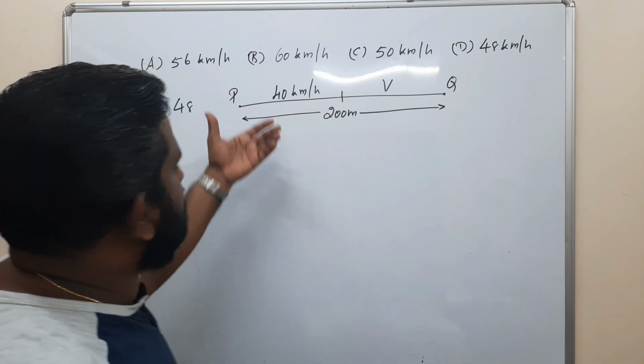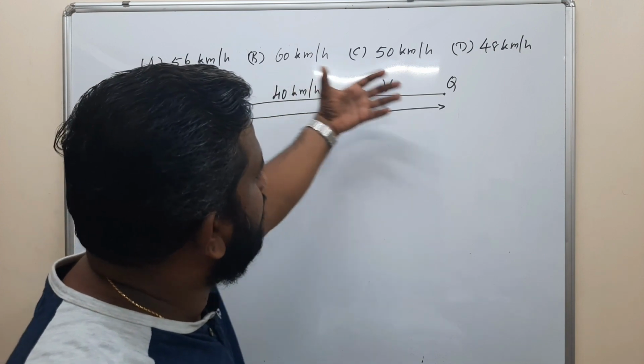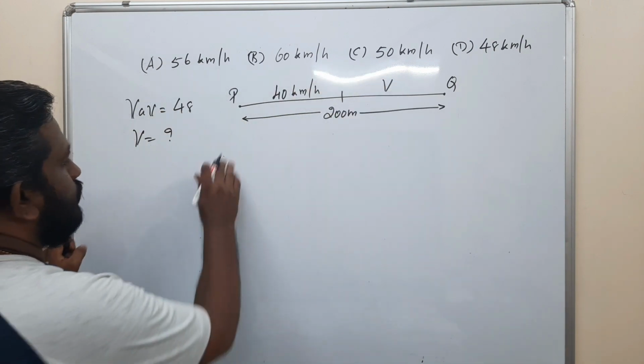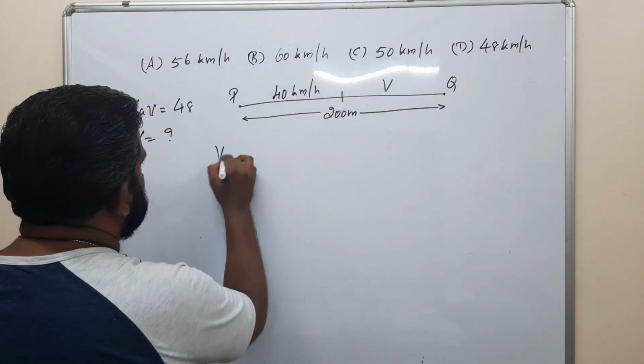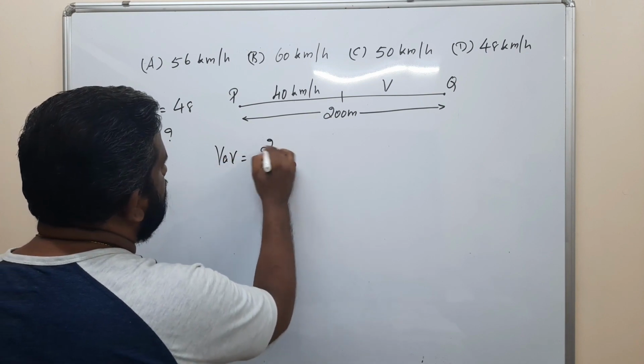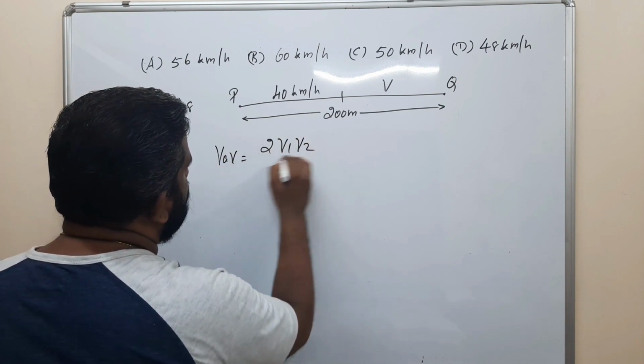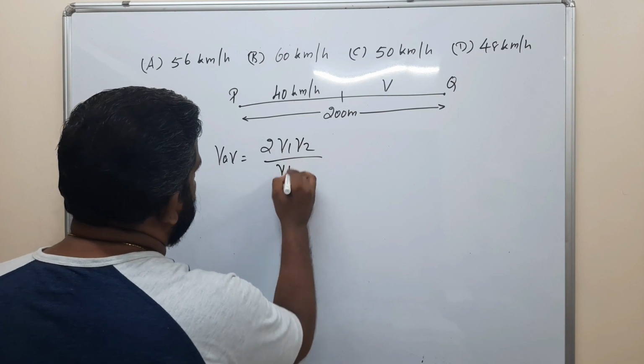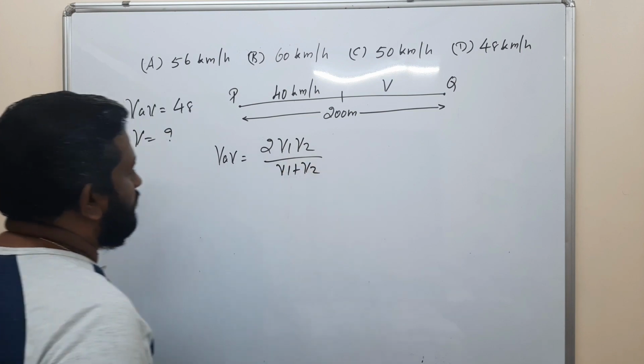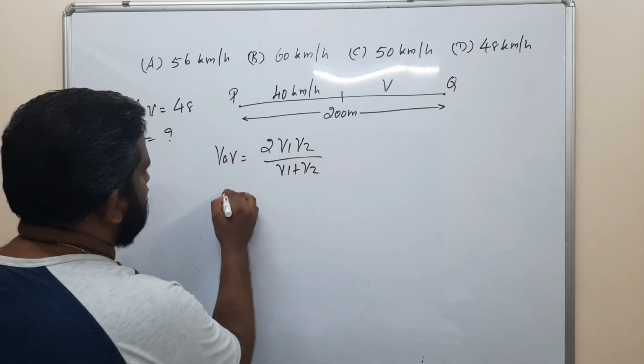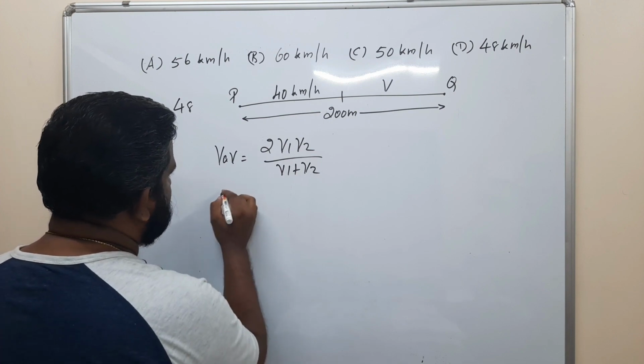In this question, there is the first half of the distance and again the second half of the distance. So immediately we can write the formula, V_av is equal to 2 v1 v2 divided by v1 plus v2. V_av is given, that is 48.